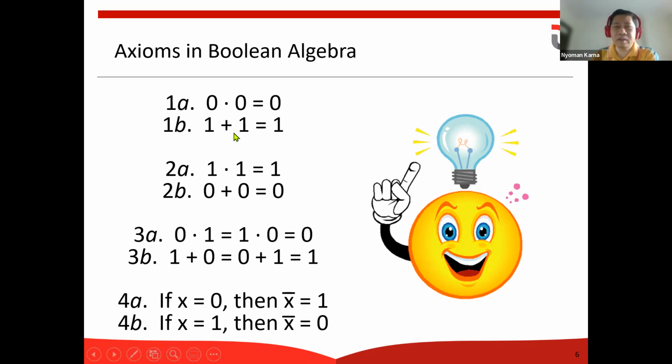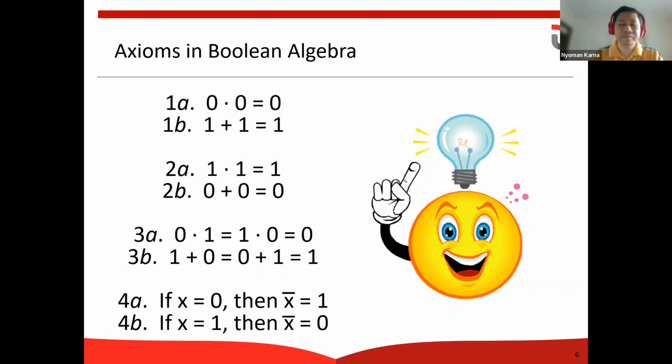Although, because this is Boolean, we only have 0 or 1. There is no 2. For example, 1 plus 1 is not 2. It's still 1 because this is Boolean. It only understands 0 and 1.